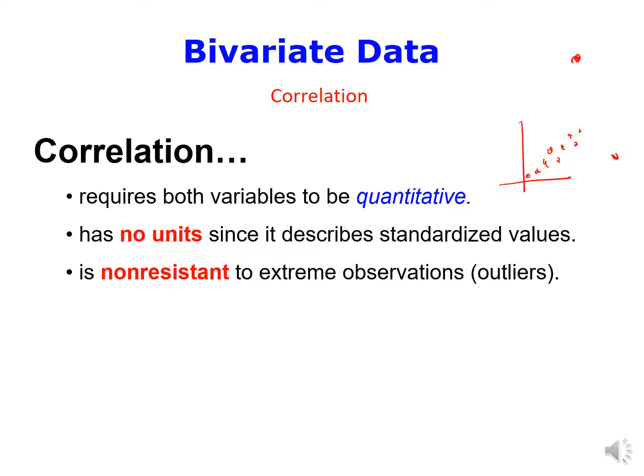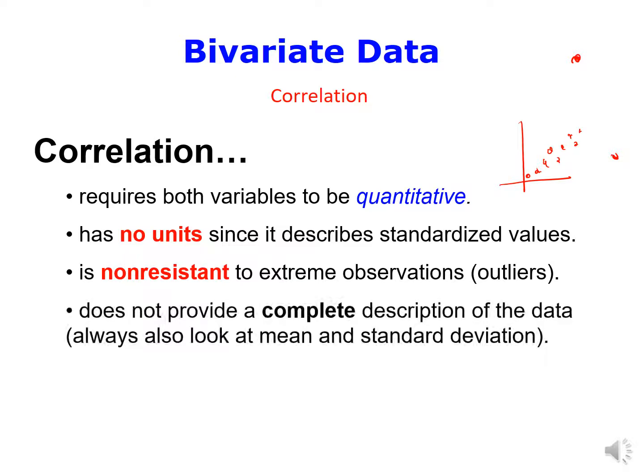And we'll talk about especially what they do to possible regression lines next time. And it doesn't provide a complete description of the data. We're going to look at a really interesting data set, or actually 4 data sets next class, that have identical descriptive stats, but don't really look the same.